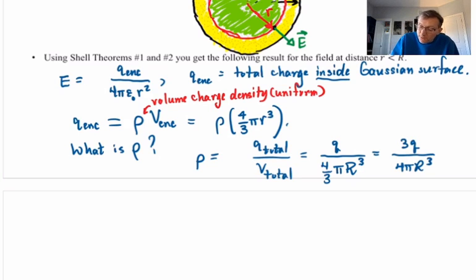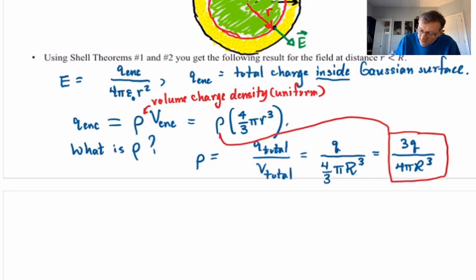And now let's substitute that expression for the uniform volume charge density, for the rho there in the Q enclosed formula. So we have, for the volume charge density, 3q over 4 pi big R cubed, times 4 pi little r cubed over 3.